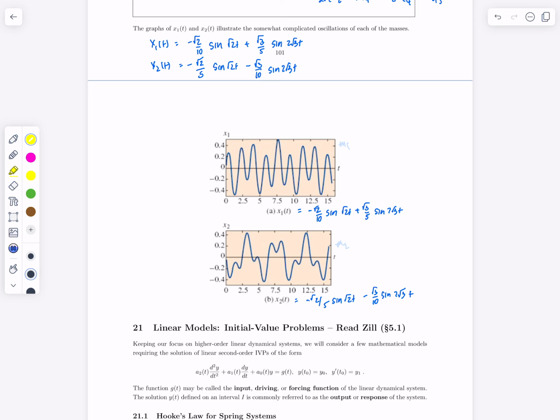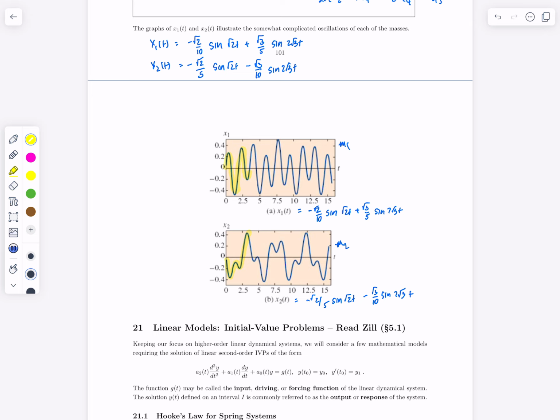Remember, this describes the motion for mass 1, this describes the motion for mass 2. And you can see they're very different. You can see how the displacement of the top mass is widely varying in the same period of time, that you're not getting as much movement in the second one, right? Illustrates very complicated oscillations, but very different behaviors depending upon which mass you're modeling.